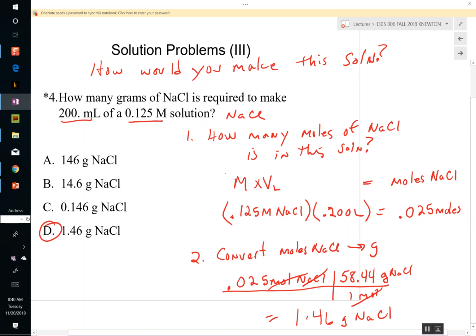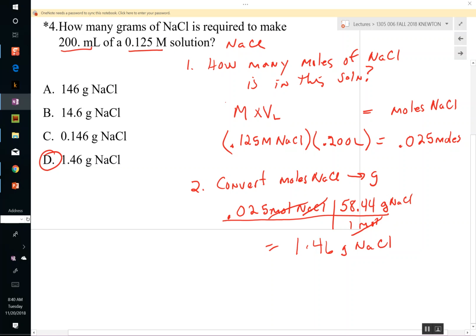And then finally, how would I make this solution? Well, I would need to get a 200 milliliter volumetric flask. I would add to this 1.46 grams of NaCl. And then I would fill it up with water.